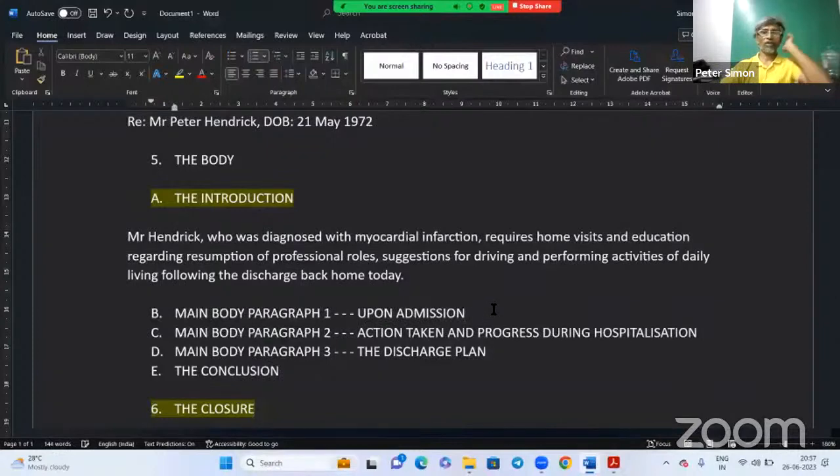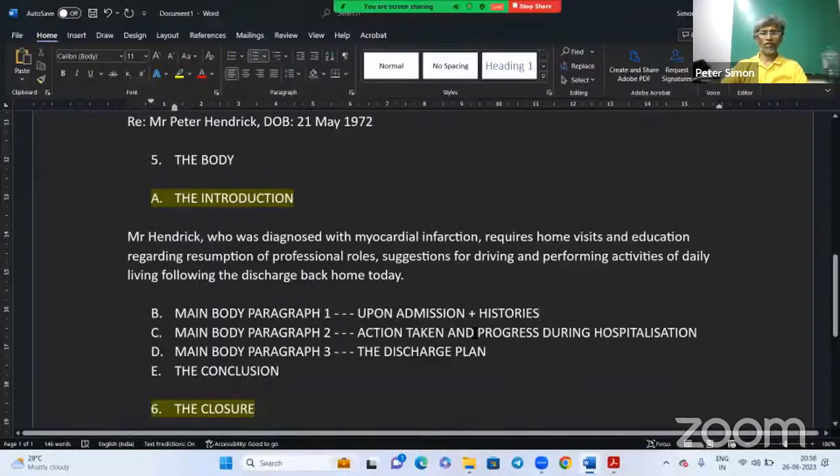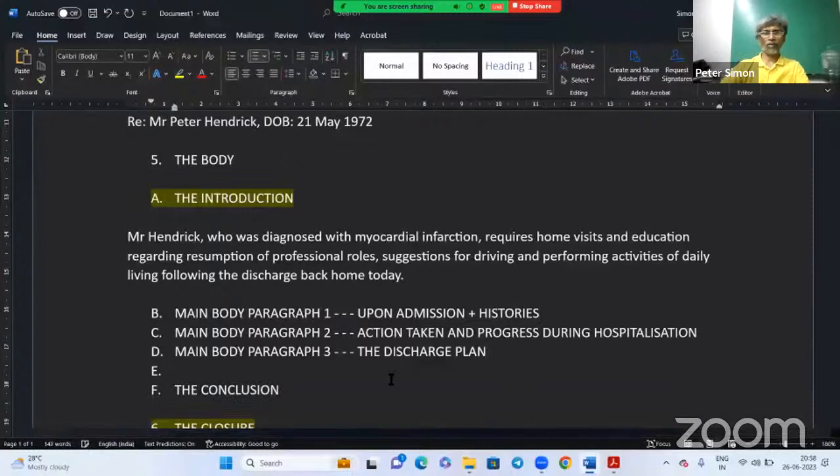So like this you can take along with upon admission, you can talk about his history and other things, whatever. However, you can modify histories. Okay, different histories you can write. So it differs from letter to letter and person to person. Fine. So these are the 3 main body paragraphs.